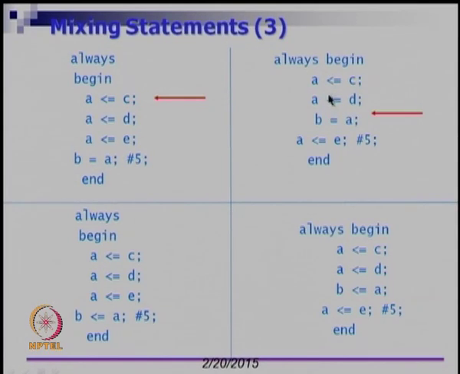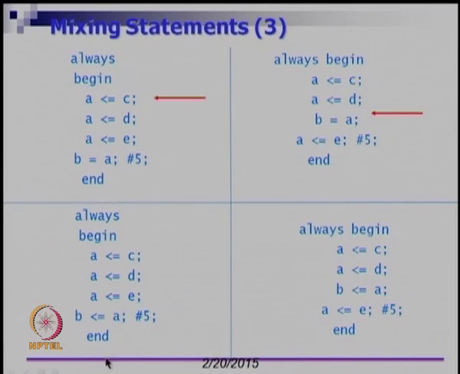So, if it is all non-blocking, you can as well go and execute this first. When you execute this first, A is taking the value whatever the previous value is, you schedule that for B immediately, and this A equal to E is again scheduling something in the future. So, this A equal to E overrides this A equal to D and A equal to C. So, A will get the value of E and B will get the previous value of A. So, that is true for both these things.